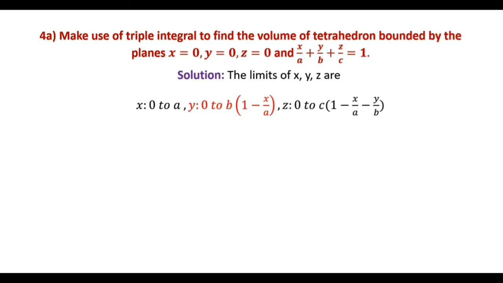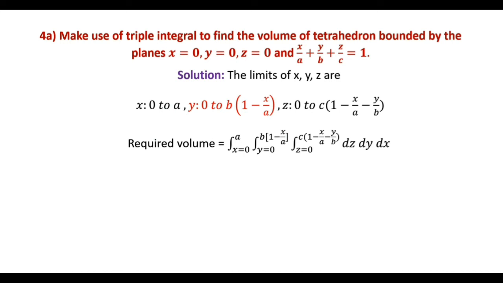Y is b times 1 minus x by a as the upper result for y. We have the relation x by a equals 1 for getting the upper limit of x. Required volume is triple integral dz dy dx.